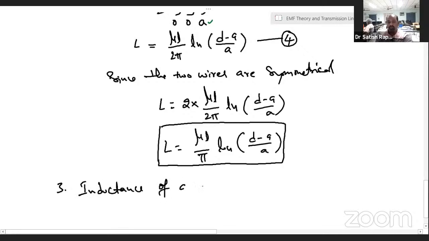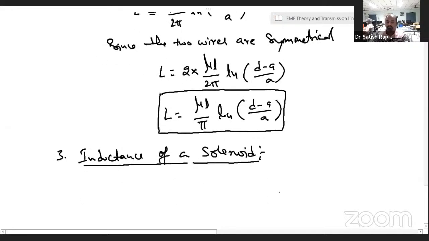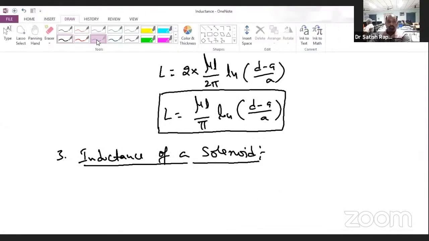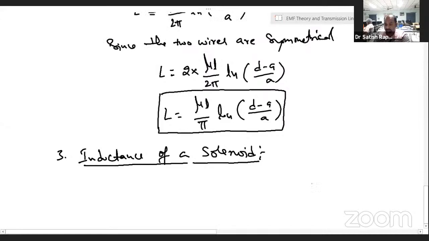Inductance of a solenoid. So what is a solenoid?